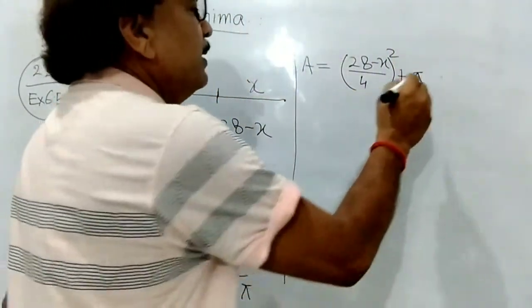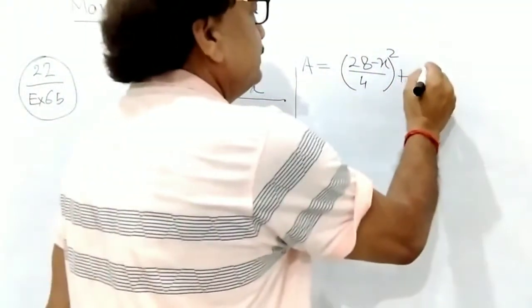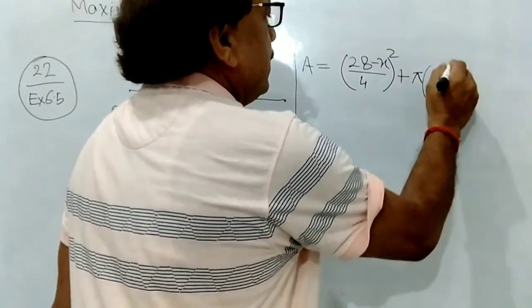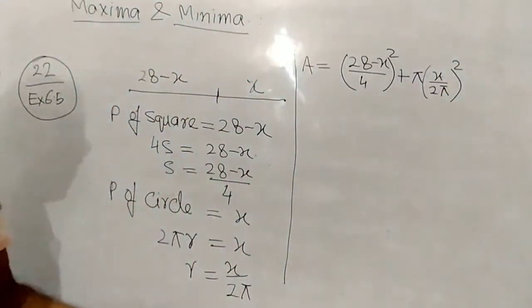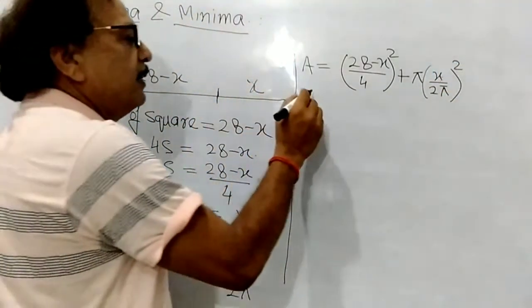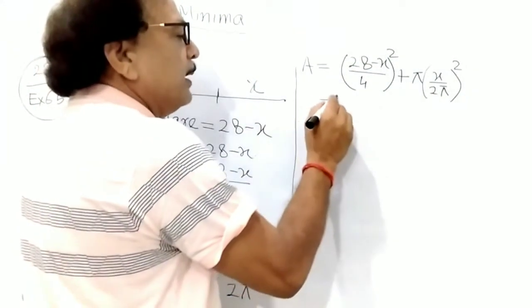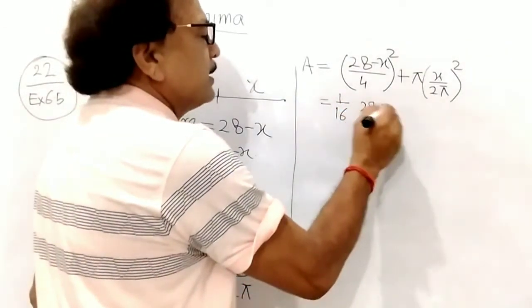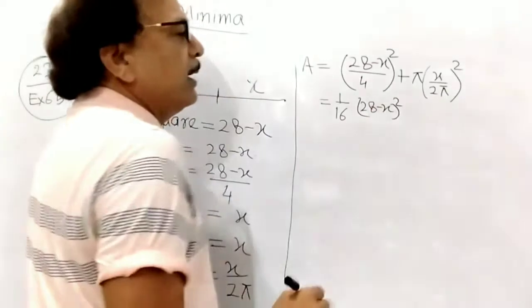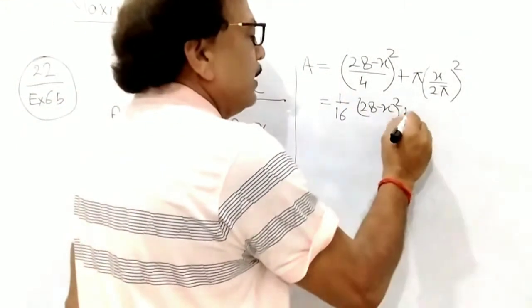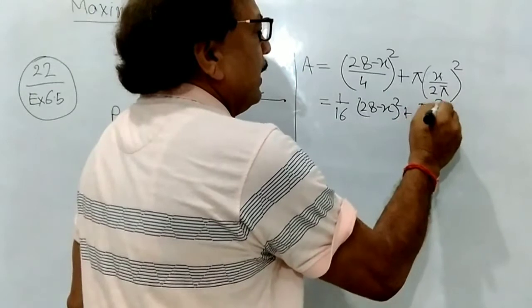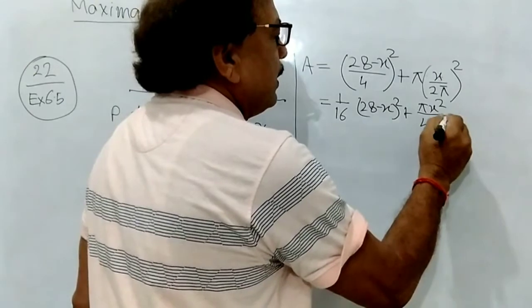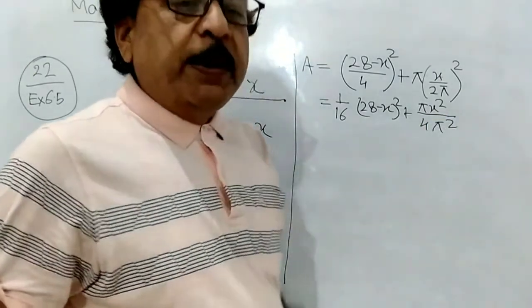So we can write this as 1 upon 16 into 28 minus x whole square, plus pi x square on 4 pi square.